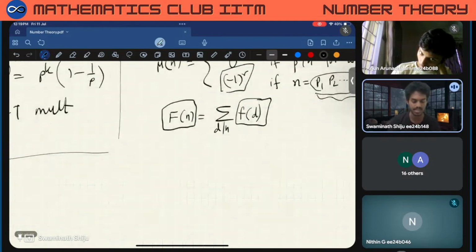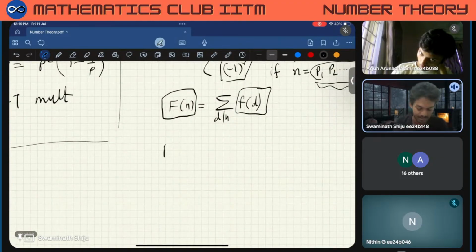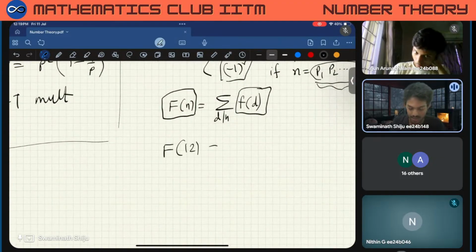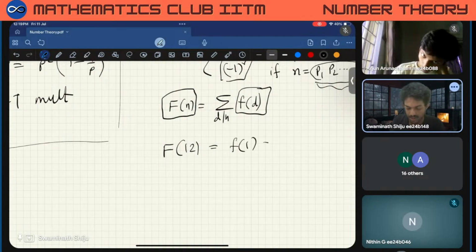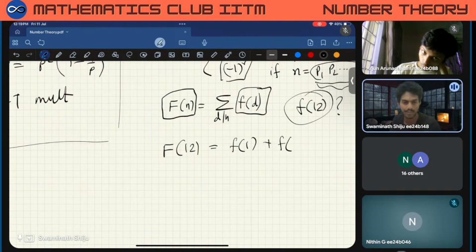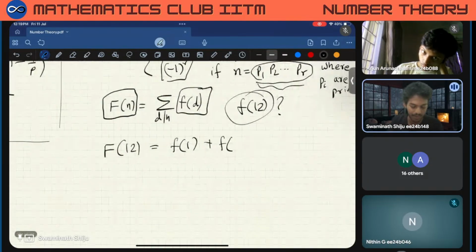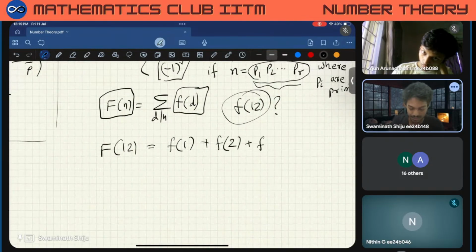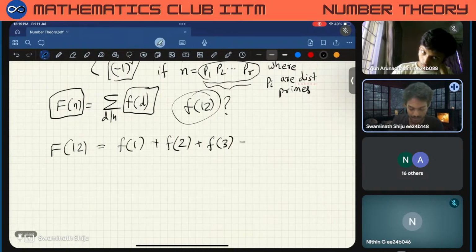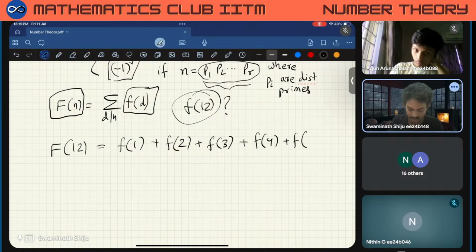One way would be, say, consider small f of 12 only. We want to know what small f of 12 is. Capital F of 12 would be f of 1 plus f of 2 plus f of 3 plus f of 4 plus f of 6 plus f of 12.